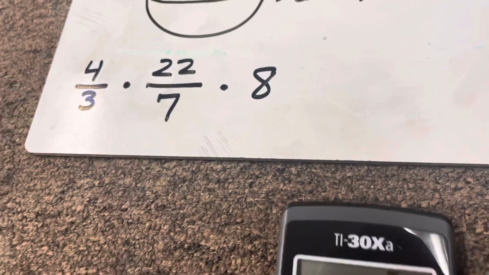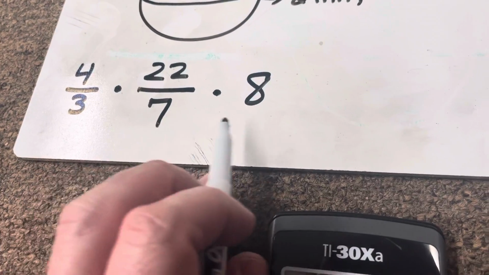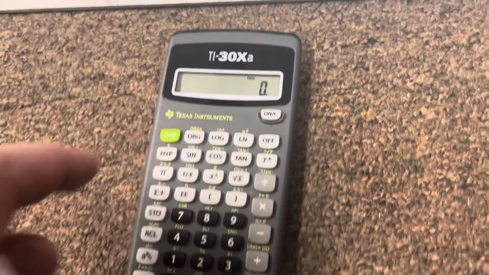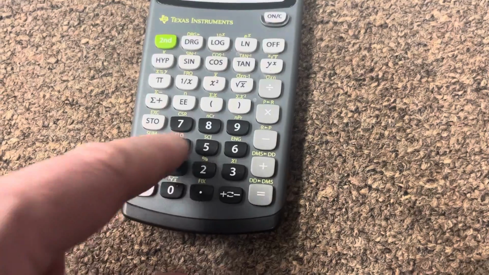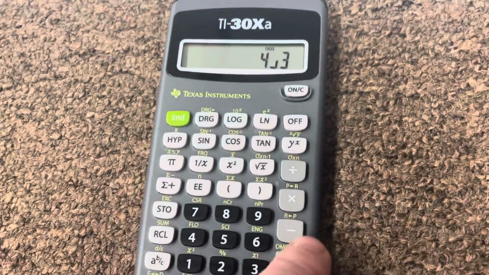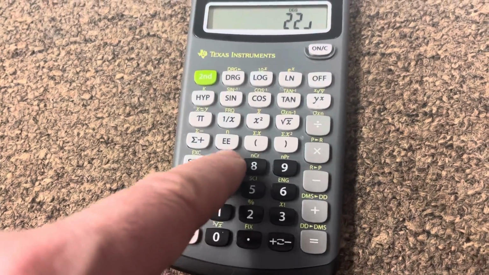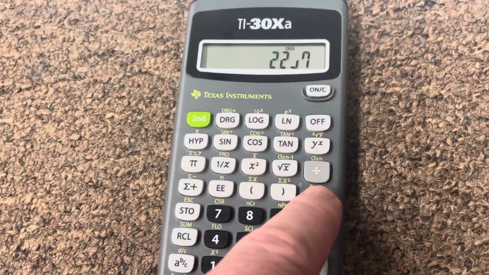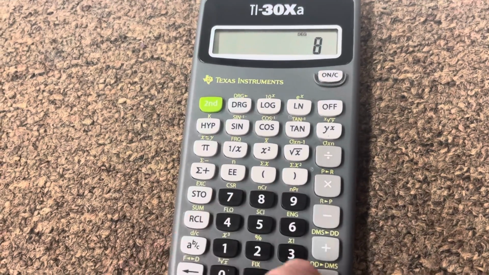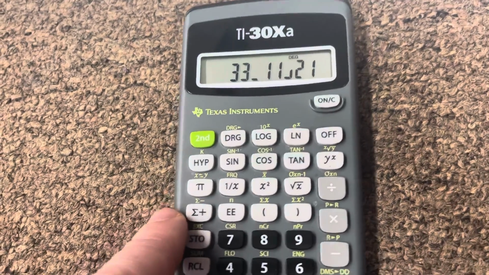So we're going to go to our calculator: 4 over 3 times 22 over 7 times 8 equals, so we get 33 and 11 over 21.